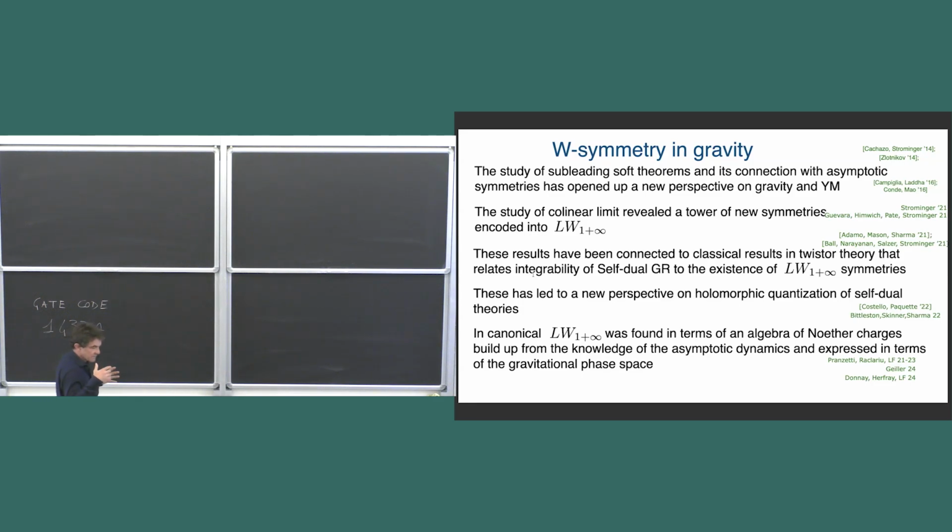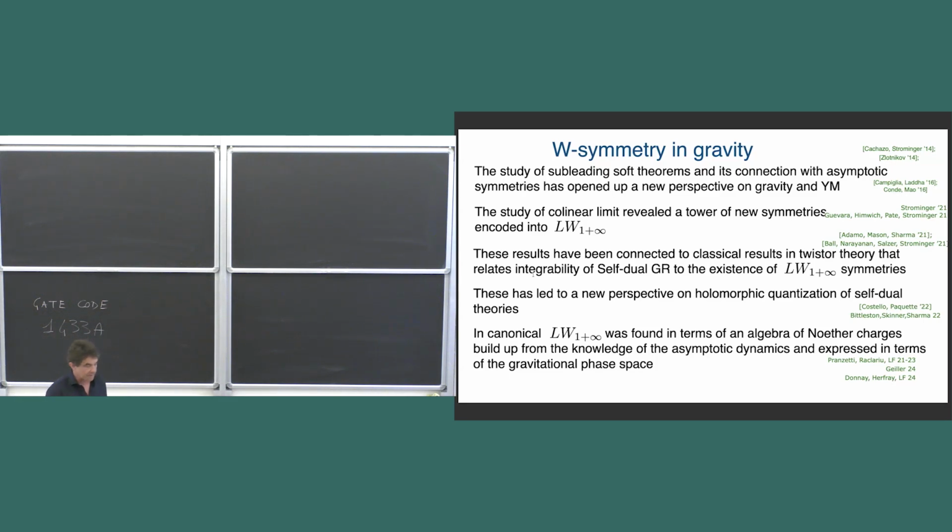Now the question was, what is the symmetry group that extends this BMS symmetry group beyond just the leading one? The BMS group is really about the leading soft theorems. The subleading is about the conservation of angular momentum per point on the celestial sphere, and the sub-subleading one is about a spin 2 charge.